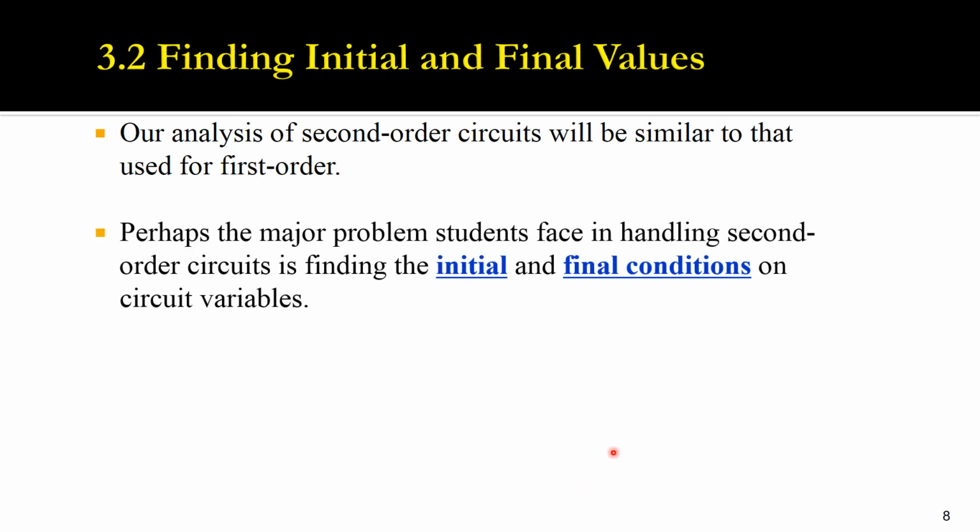This is the part which is a bit different from solving first order circuits, because here you need to find the derivatives of voltage and current at the initial condition.